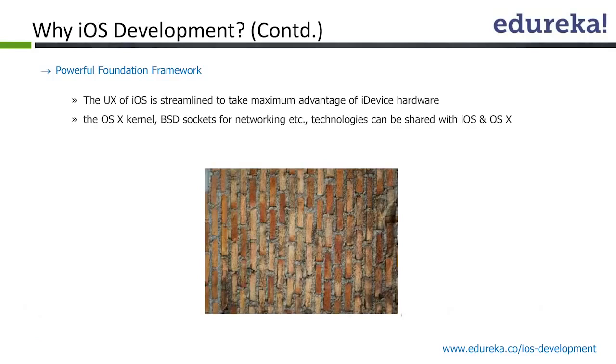Basically you have BSD sockets for networking, and the OS X kernel will be in sync with you, and you will be able to access all the features directly. You can share these sockets and kernel programming between iOS and OS X. That means you can write applications that will be able to communicate from your iPhone to your Mac.